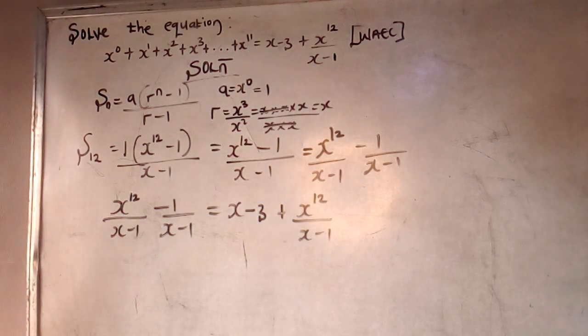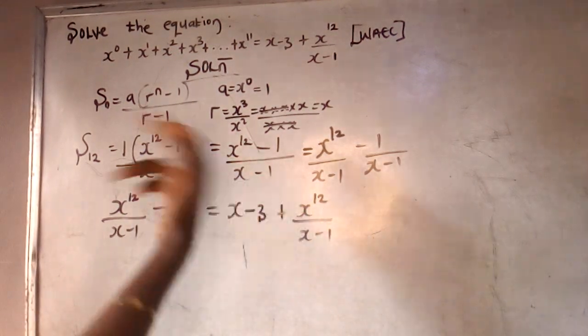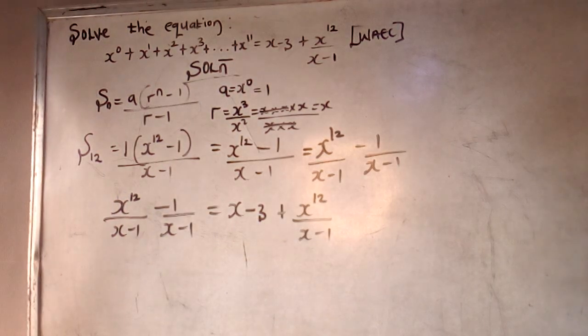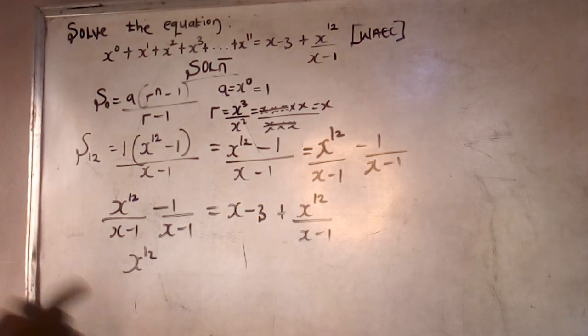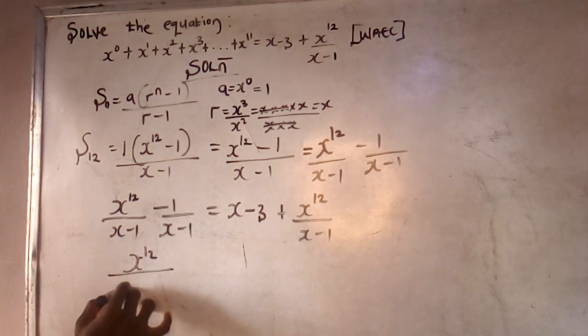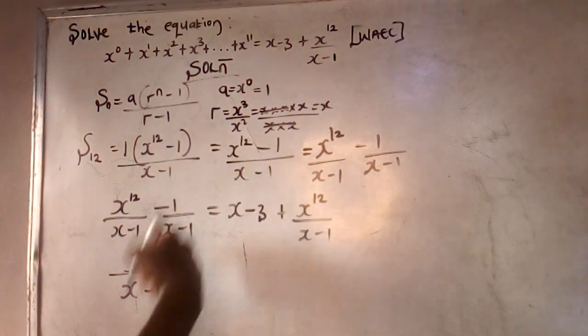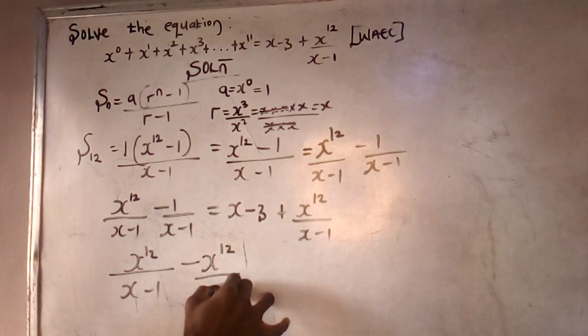So we have that. Okay, if we check something here, this becomes 0, in the sense that if I transfer this to the left hand side, it becomes a negative, and that place will give us 0. That will be x raised to the power 12 divided by x minus 1. If I bring down, this will be x raised to the power 12 also divided by x minus 1.